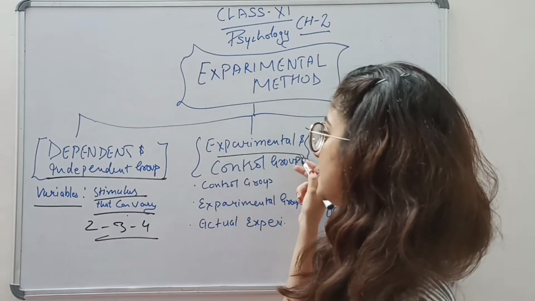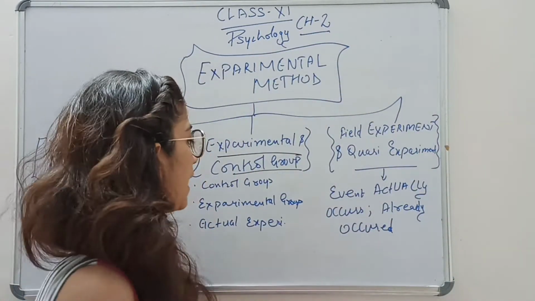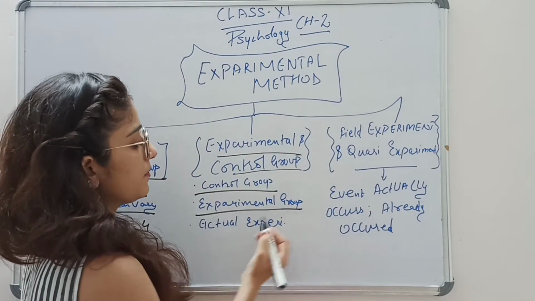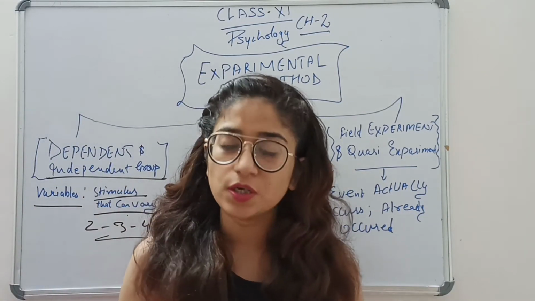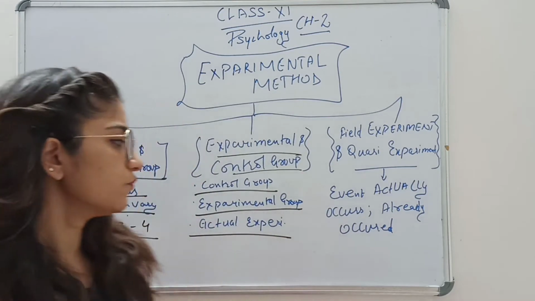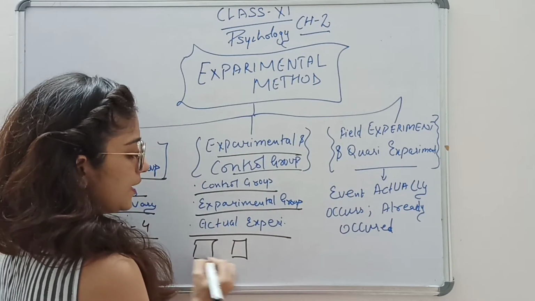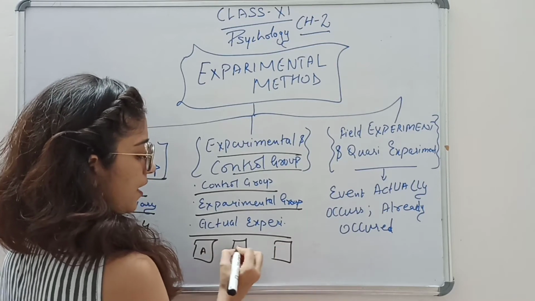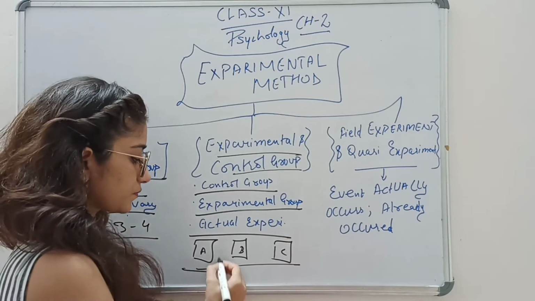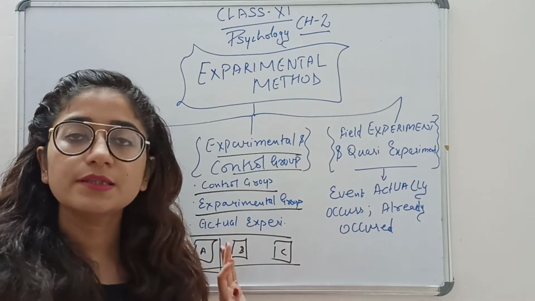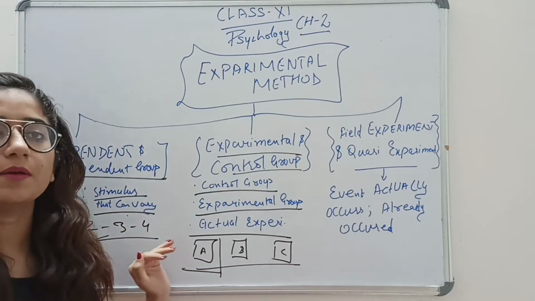Okay, experimental and the control group. In this also you have divided into three parts, that is control group, experimental group, and actual experiment, meaning the one on which the actual experiment has been done. For example, rooms A, B and C. There are A, B and C, and in these three, in one room you are considering those people who have some or the other environment available.